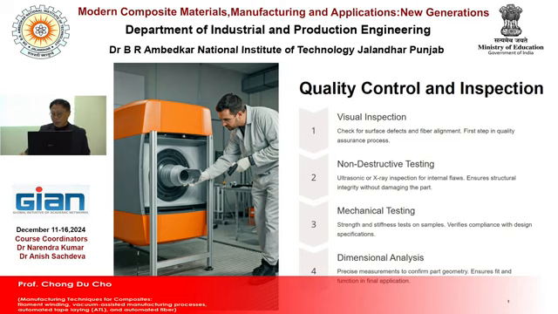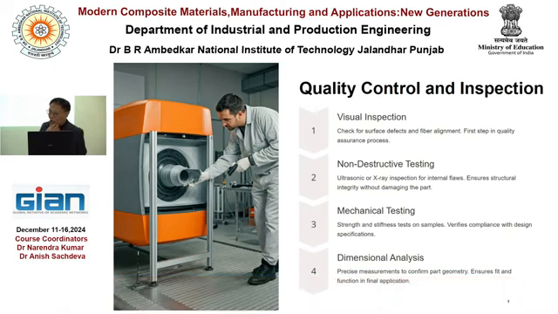And the dimensional analysis means the geometry part. It must be precisely manufactured in dimensions, because it should be assembled with other parts. And mostly this expensive structure is used for aerospace engineering.